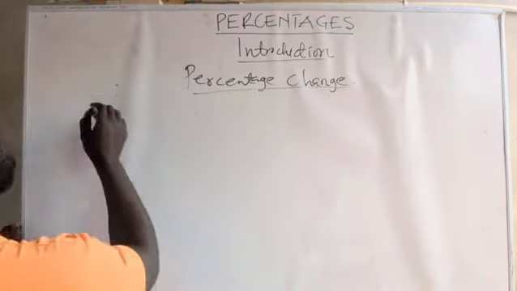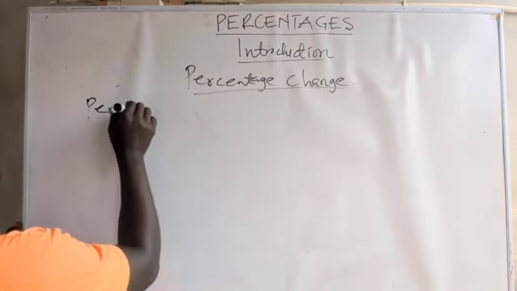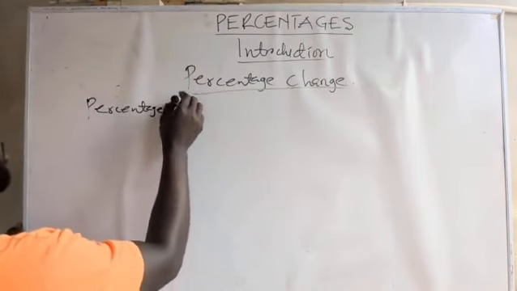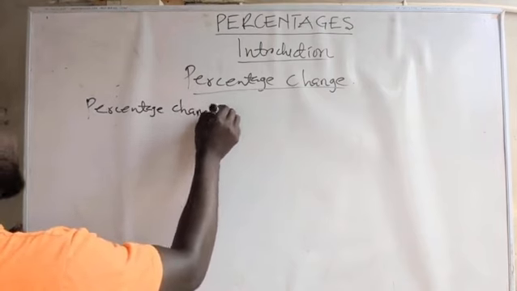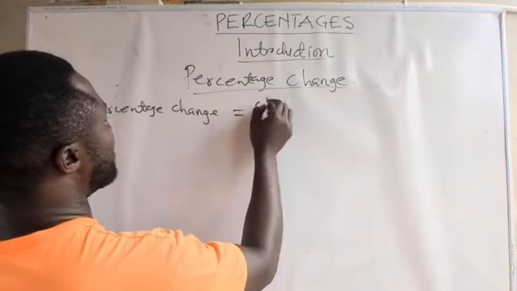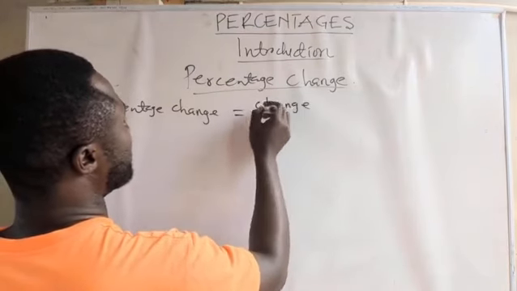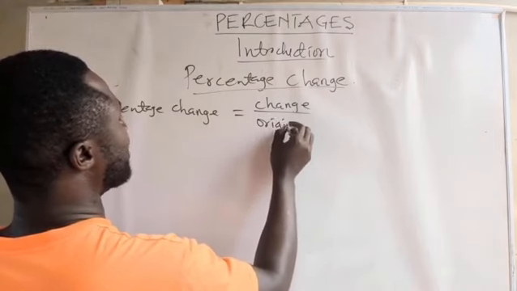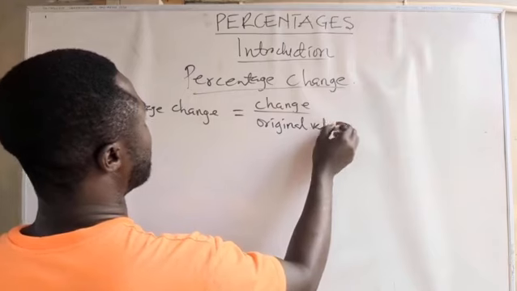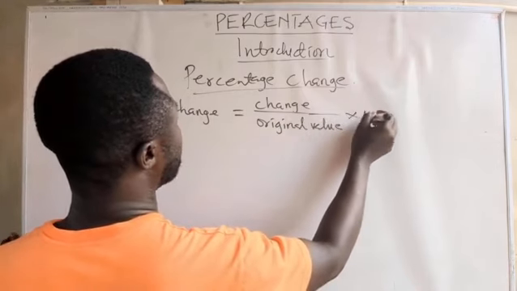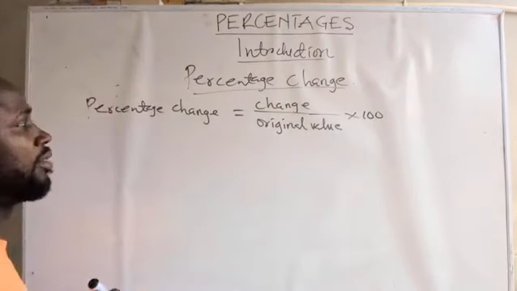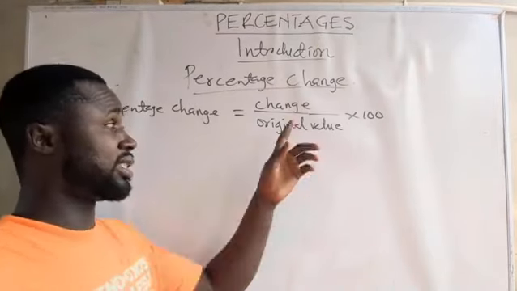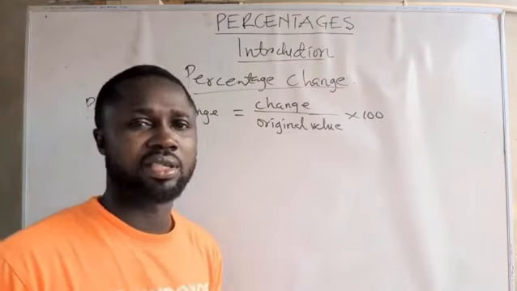So what is percentage change? Percentage change is the change divided by the original value, then we multiply by 100. So percentage change is the change over the original value times 100%.